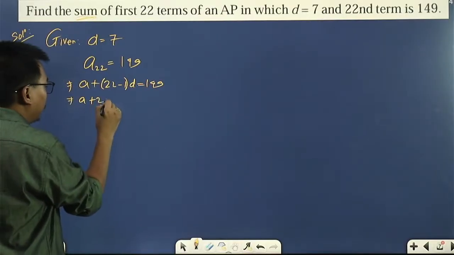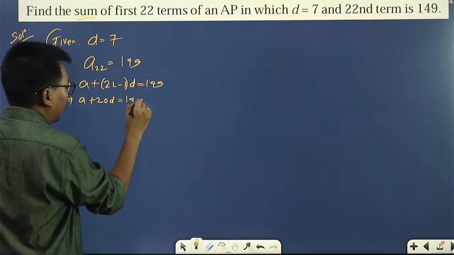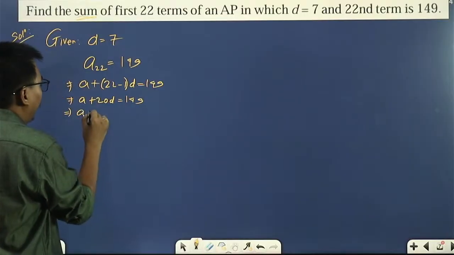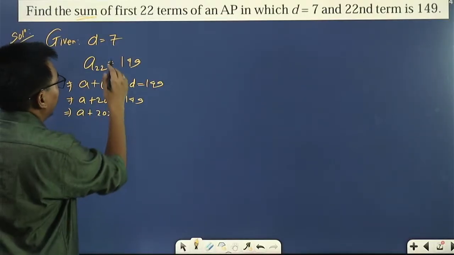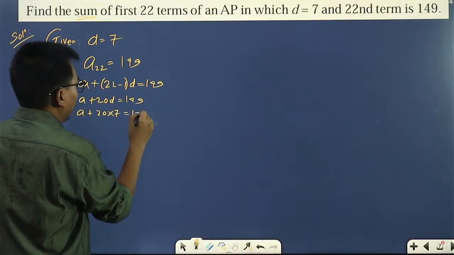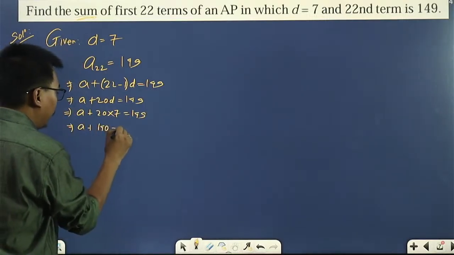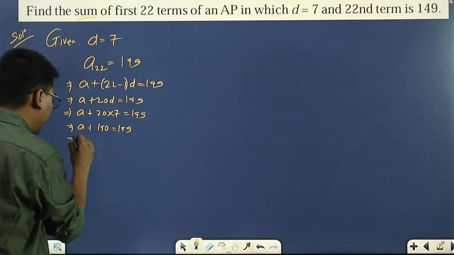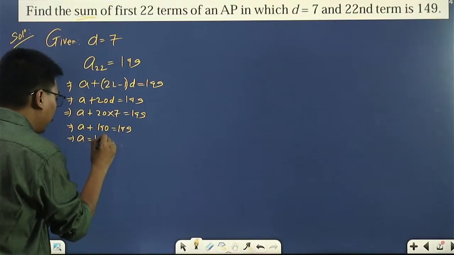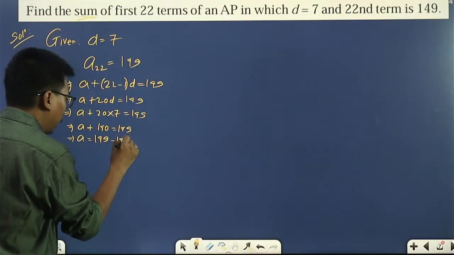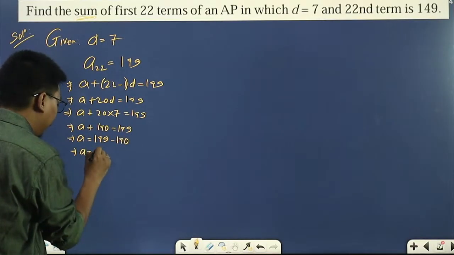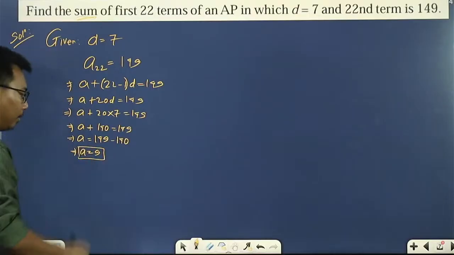So a plus 21d will be equal to 149. a we have to find, d is 7. So a plus 147 will be 149, so a is equal to 2.